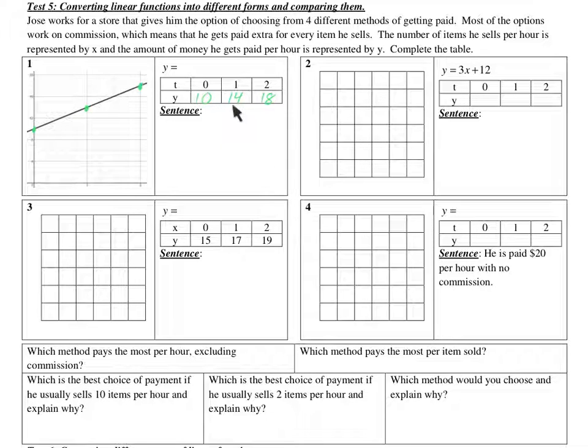And isn't the common difference your slope? So what's my common difference? What am I changing by? 4. Aren't I adding 4 each time? It's called your slope, your common difference. And what's your y-intercept? 10.